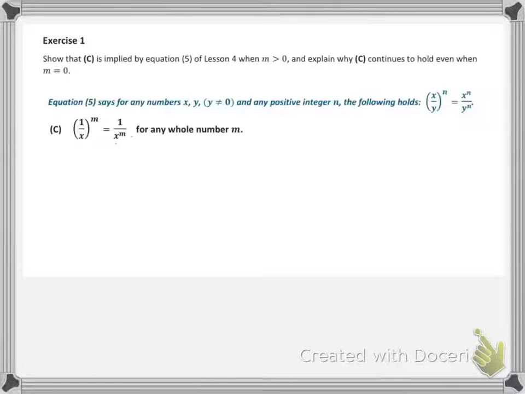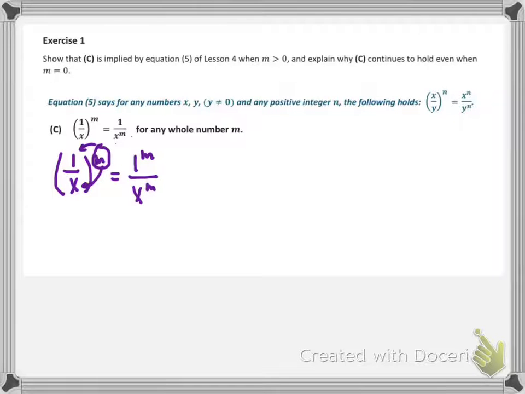So let's start with 1 over x all raised to the m power. Remember, this is 1 to the m over x to the m, because the exponent goes to each of the numerator and the denominator. That's our first change.